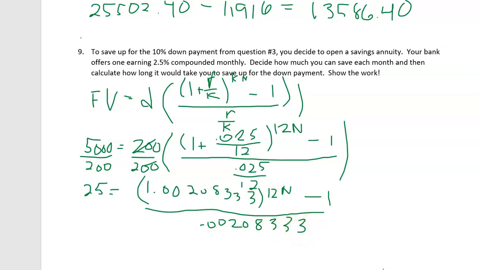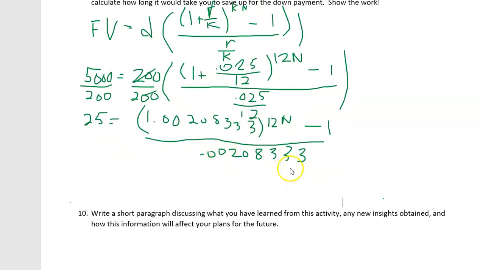All right, now, next step, let's get rid of the number that is in the denominator. So I'm going to multiply both sides of the equation by this number. And this side as well.